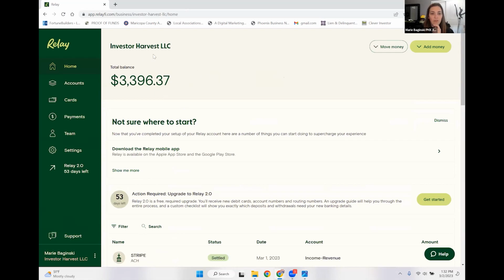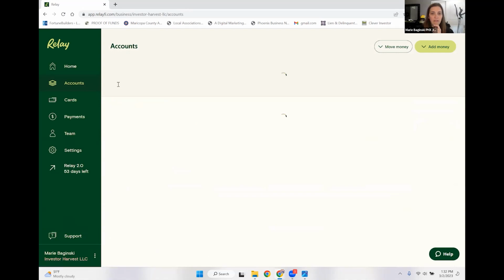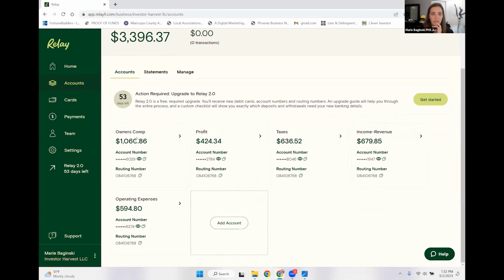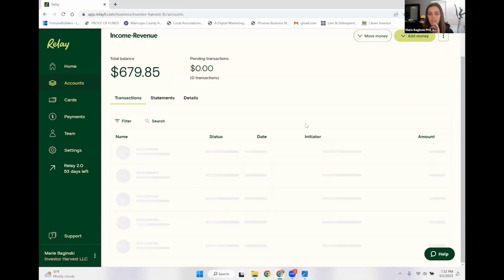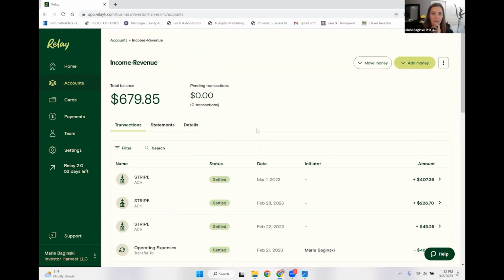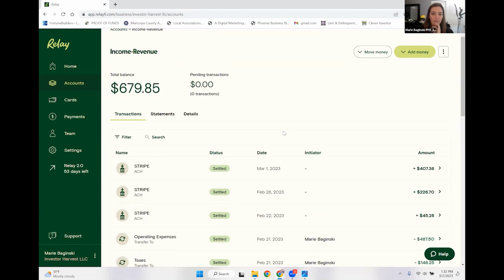So Dominique, what you asked, this shows your total balance, right? So that's between all of the sub accounts for this business. And I just want to do a quick demo on how easy it is to split money between them. So income revenue: the Stripe account that we have, income comes through our Stripe account, and then we get to move it to all the other accounts.